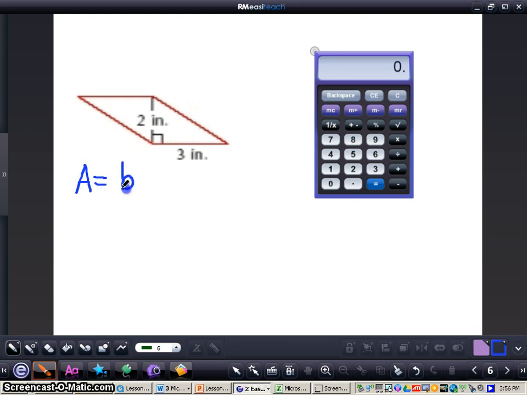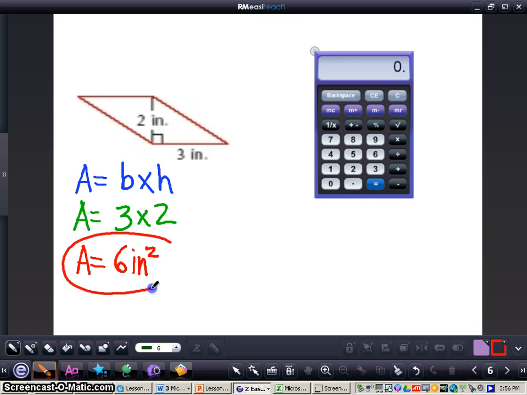A equals B times H. Second step, we're going to plug the numbers into the formula. 3 times 2. Final step, we'll write our answer. Make sure to get a different ink here. Area equals 6 inches squared. And that is how you find the area of a parallelogram.